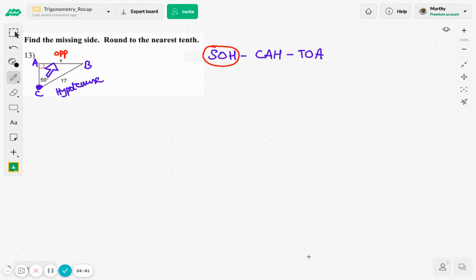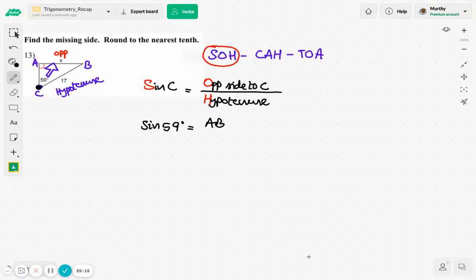Let me write SOH, which is sine. Since C is given, sine C equals the opposite side to C over hypotenuse. Now let me plug in these values: sine 59 degrees equals the opposite side to C, which is AB, over the hypotenuse, which is BC.